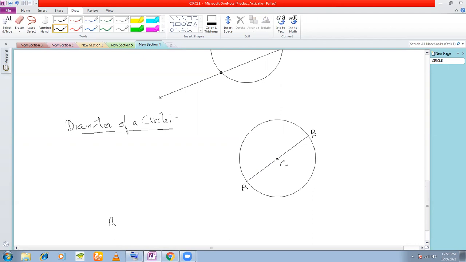So we define AB as a chord that passes through the center of a circle, is called its diameter.